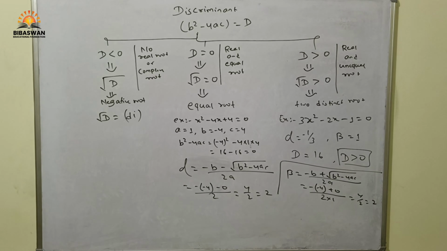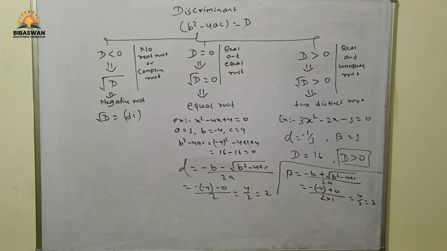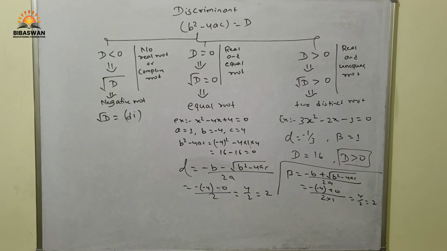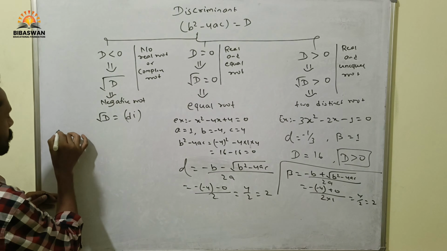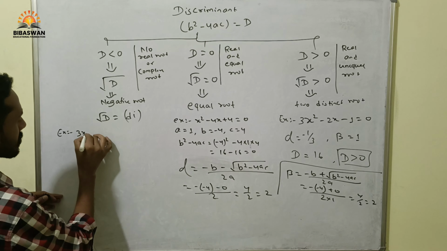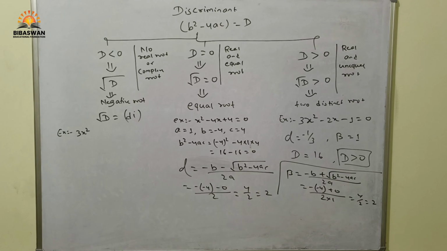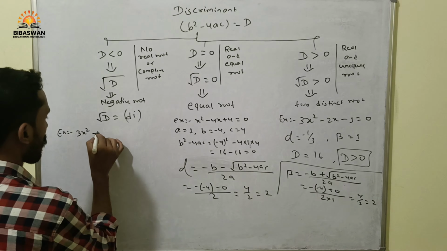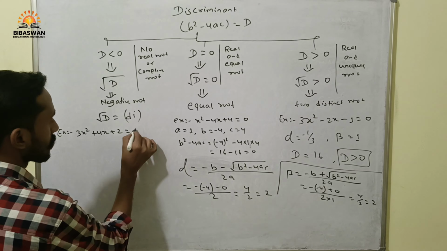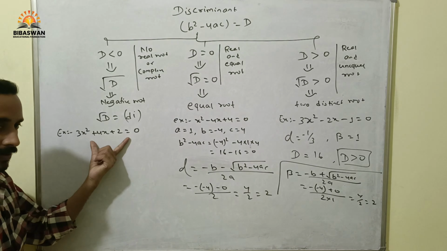One. 3x square plus 4x plus 2 is equal to 0. This is the example.